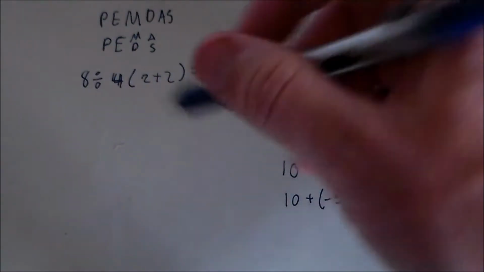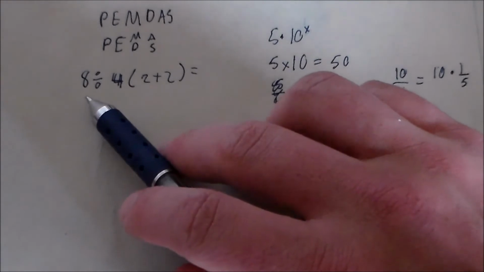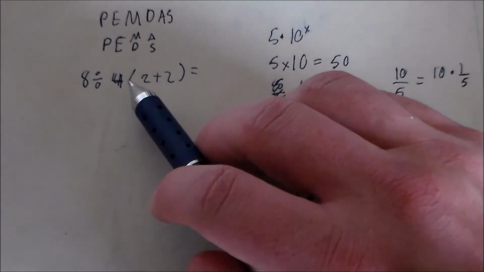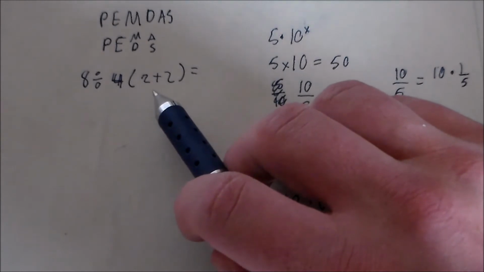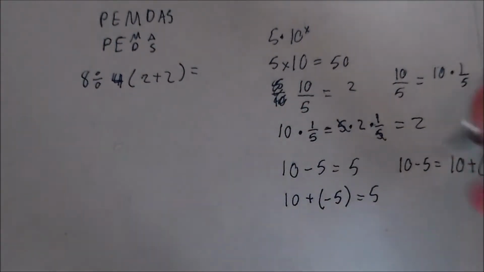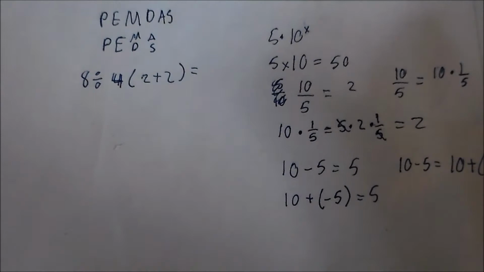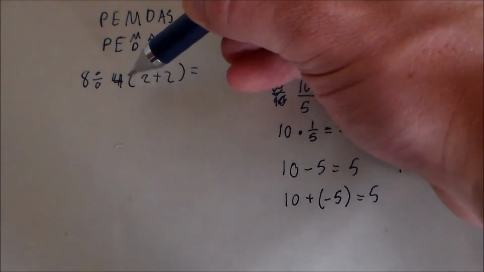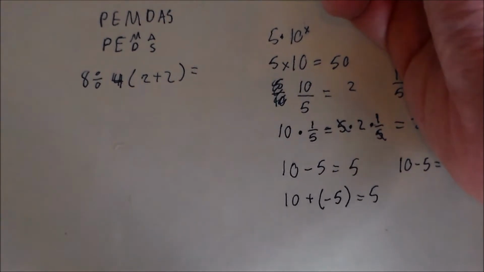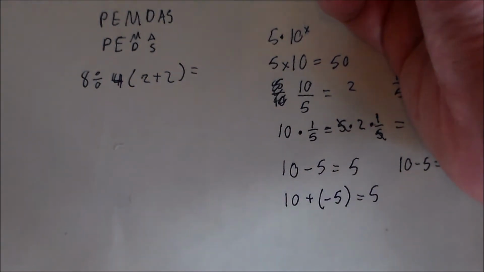So let's do the actual problem. The problem looked something like 8 divided by 4, quantity 2 plus 2. The first thing I tell students when they're having trouble with this kind of thing is that we have an implied operator here. That's a multiplication. It's not written out, but it is implied that that is a multiplication step.